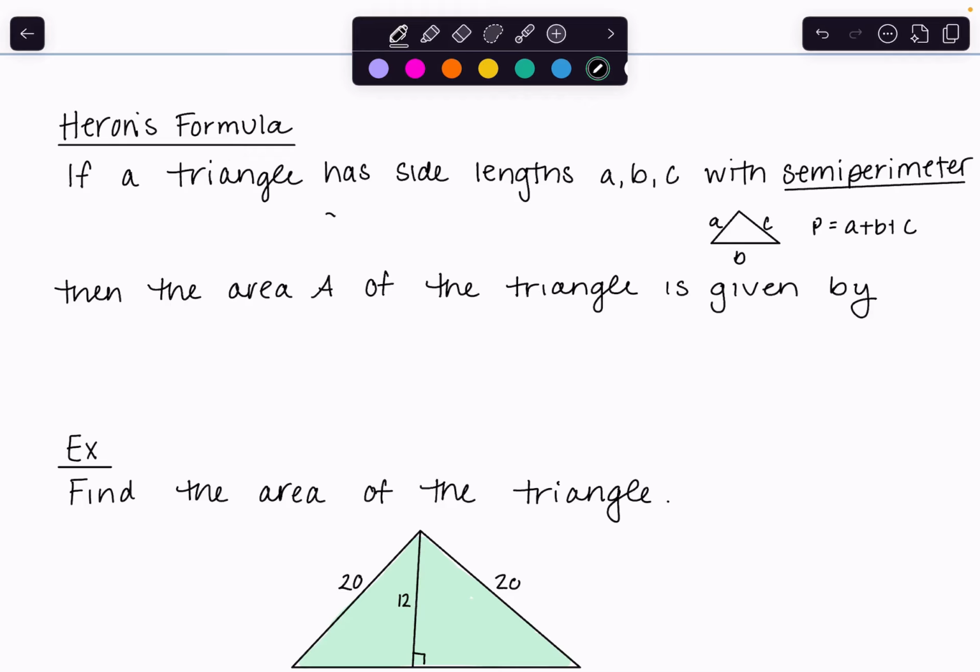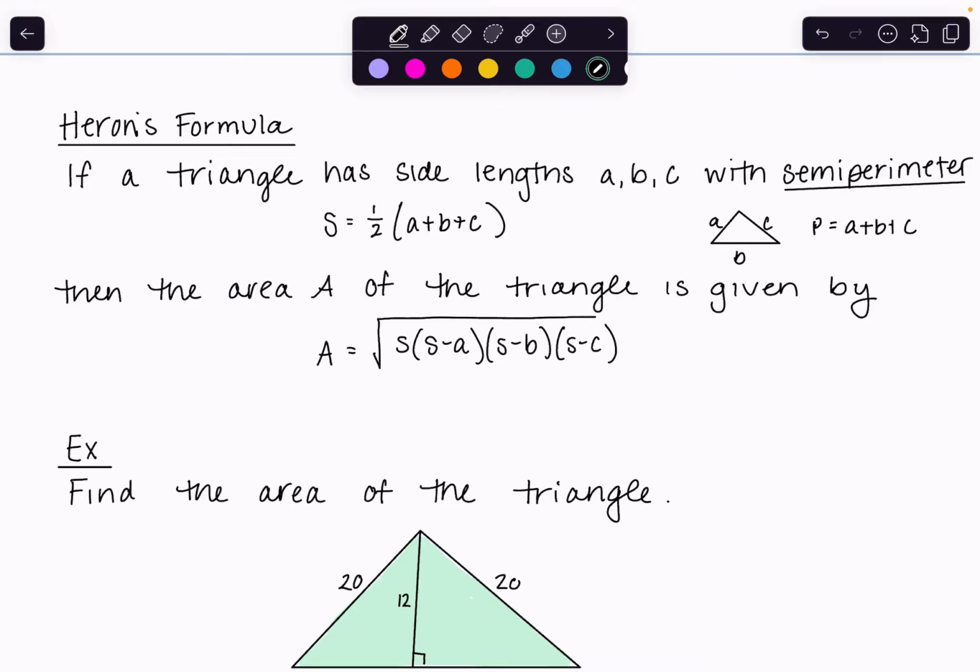The semi-perimeter is denoted with an S. It is half of that. Then the area of our triangle is given by the following formula. You can take the square root of the semi-perimeter times S minus A. So the semi-perimeter minus A, the semi-perimeter minus B, the semi-perimeter minus C.